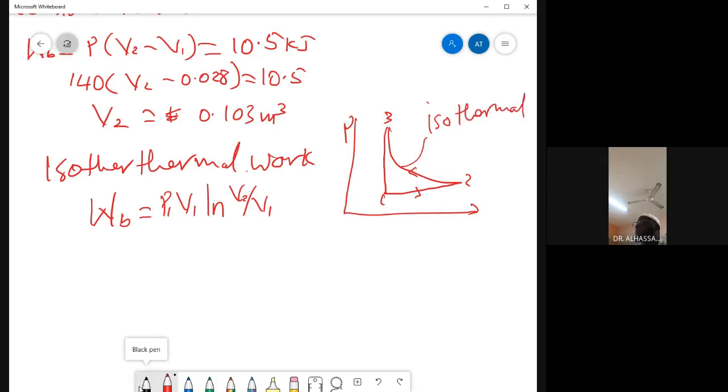So the actual definition according to the diagram is P2 V2 log of the final volume, V3, divided by V2. Here, we know P2 and V2, and V3 and V1 are the same: constant volume, isochoric.